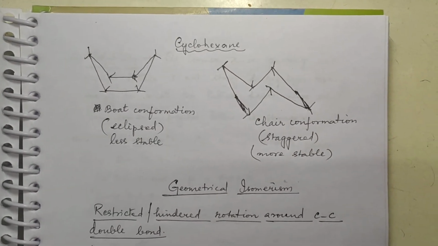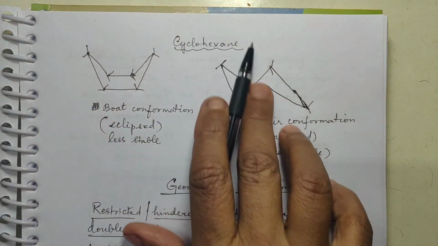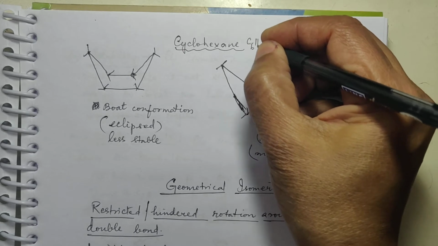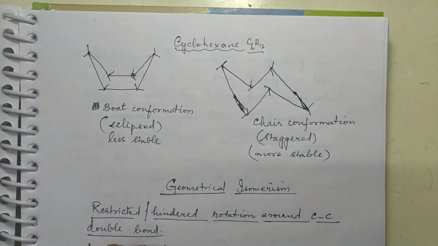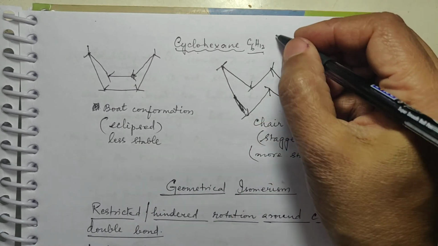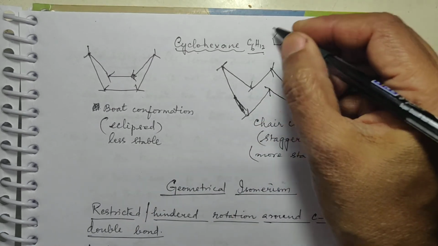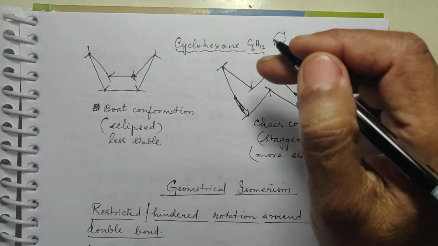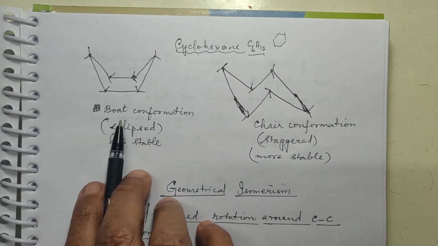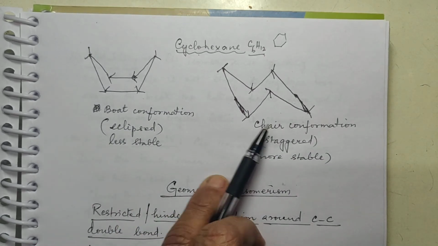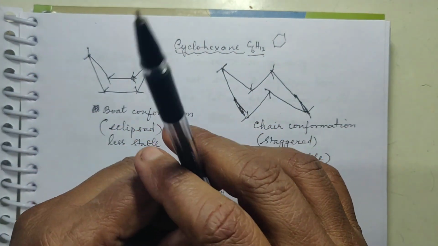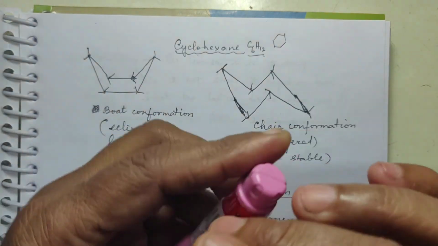Okay. Now, let us see another conformation, that of cyclohexane. Cyclohexane is C6H12. This is cyclohexane. It's a ring structure, cyclo. This tells you that it is a ring structure. Generally, we used to put it in the form of a simple hexagon and write it as cyclohexane. But what is the actual spatial conformation it has? That is boat conformation and chair conformation. Now, this looks like a tilted chair, is it not? Say this is a chair.